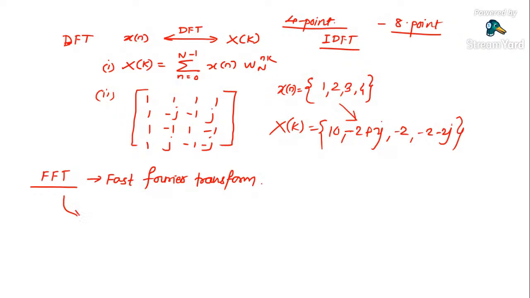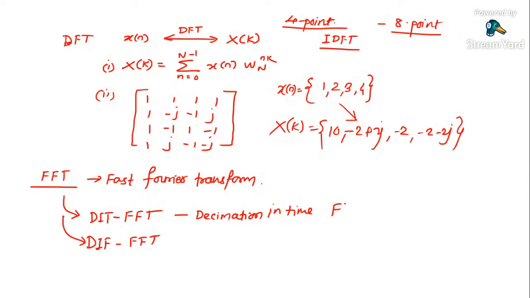The FFT is divided into two types, that is DIT FFT and DIF FFT. DIT FFT means decimation in time fast Fourier transform, and DIF means decimation in frequency fast Fourier transform.